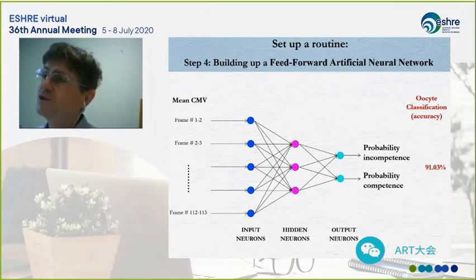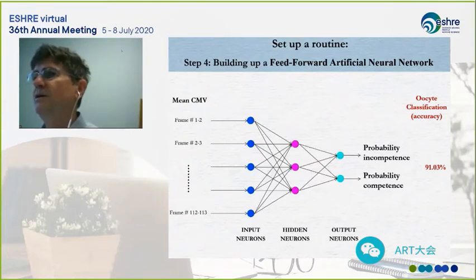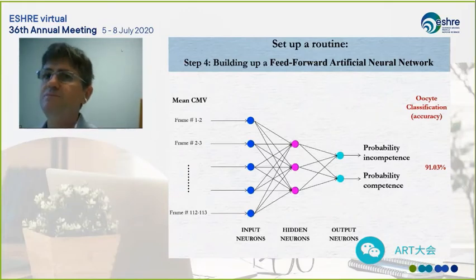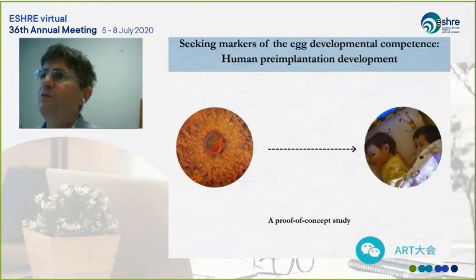And actually, it's a bit slightly higher. An operator usually has an accuracy of about 86%. With this in mind, we tried our platform on human oocytes and on human preimplantation embryos.